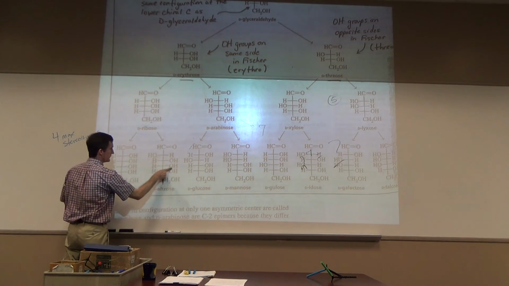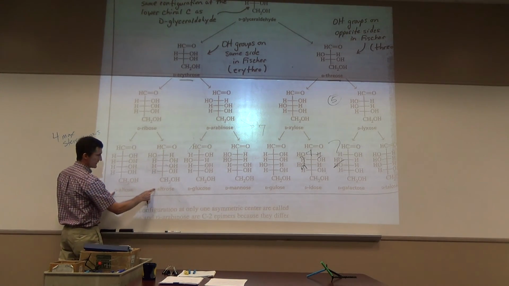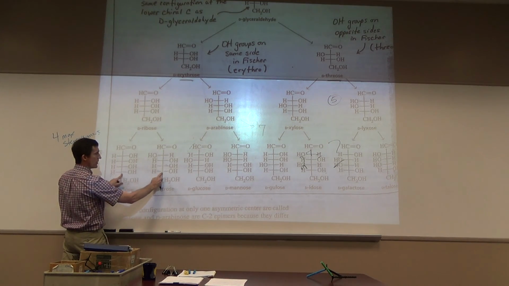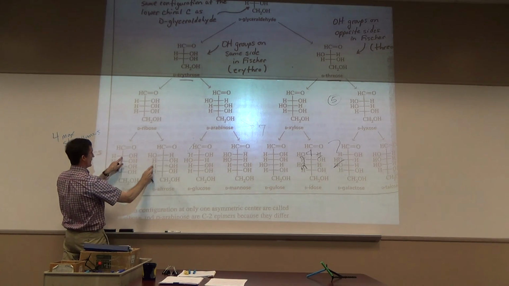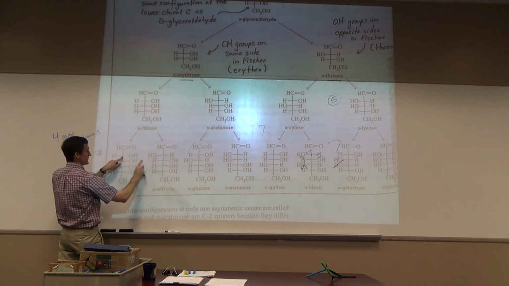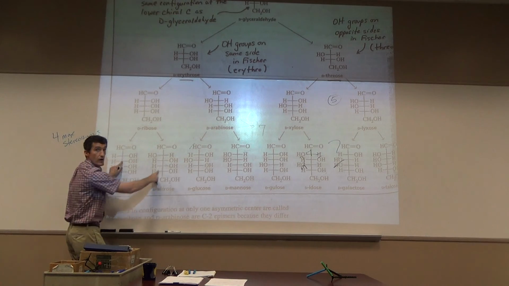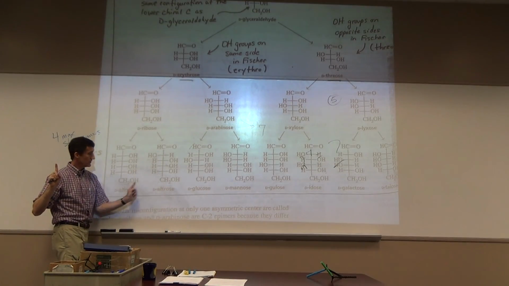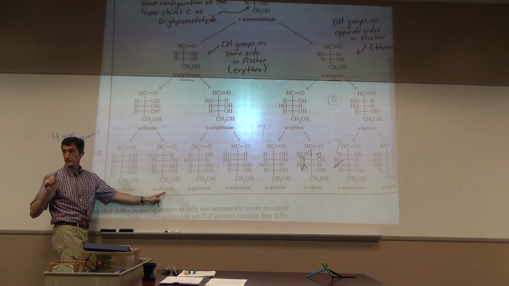For example, what's the difference in going from allose to altrose? Same, same, same. If you do R and S, these are the same, same, same. Right here. Okay? So what we have is only one center has been changed in going from allose to altrose.